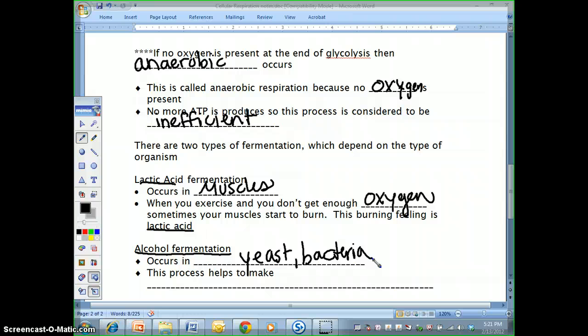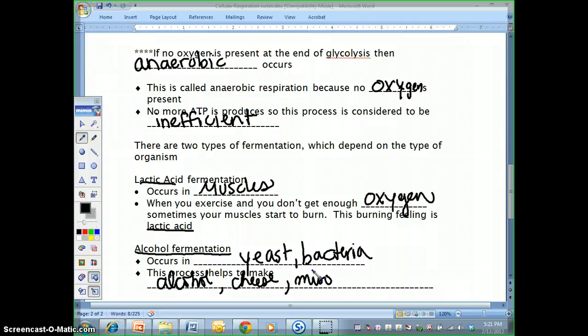Alcohol is a poison. But when they break down the glucose to get the energy out without oxygen, they get some ATP, but they also produce alcohol in the process. This is how other stuff like cheese is made, and other products that you need to ferment to make. I don't know, like miso. I don't know if anyone eats miso, but miso soup when you go out to a restaurant.